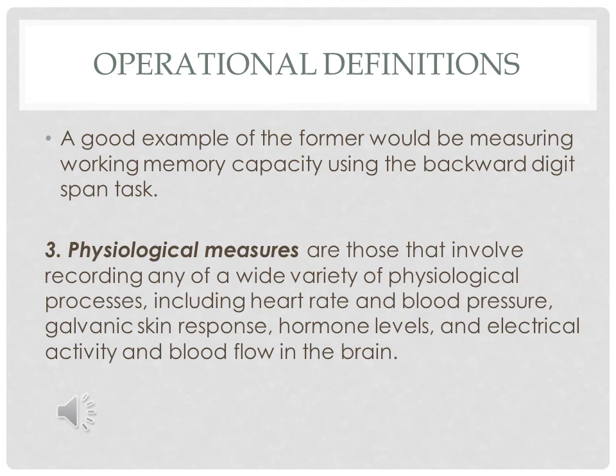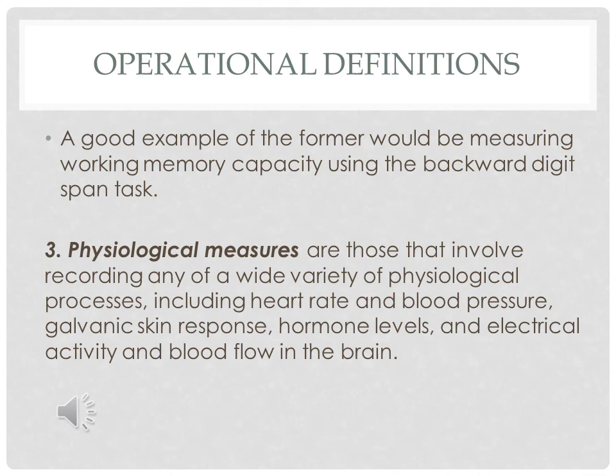Physiological measures are those that involve recording any of a wide variety of physiological processes, including heart rate, blood pressure, galvanic skin response, hormone levels, and electrical activity and blood flow in the brain.